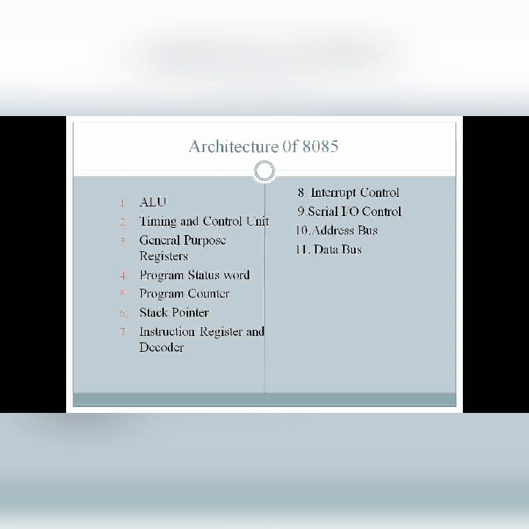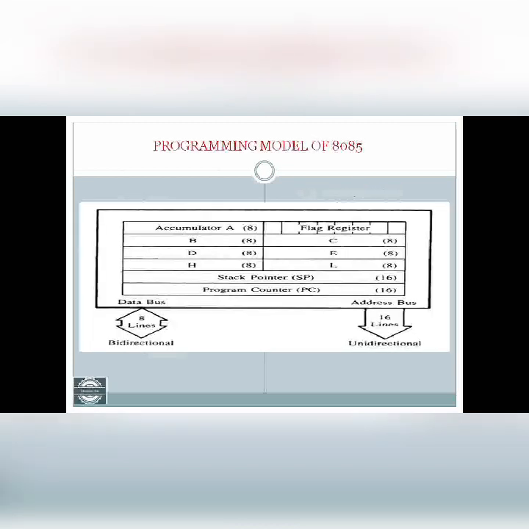Program status will show you what it is, waiting mode or reading mode or any other, and the program counter will tell you all the counting operations. Now the stack pointer tells you one by one operations when it will go on. See here, it will give you the programming model. This is the thing. First one, A, 8 bits, gives you the ALU.